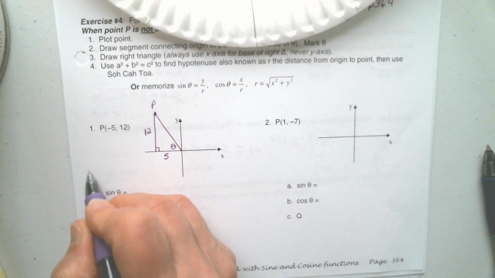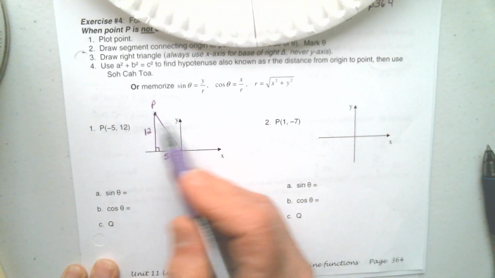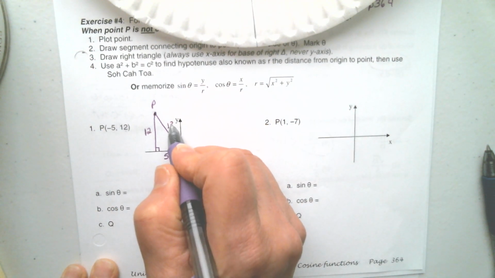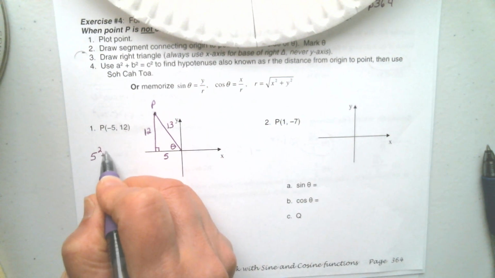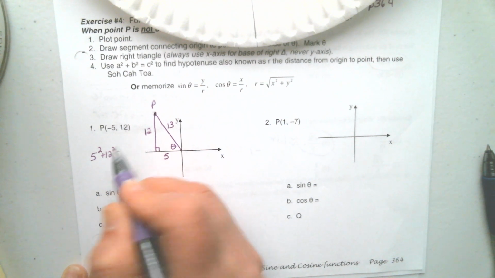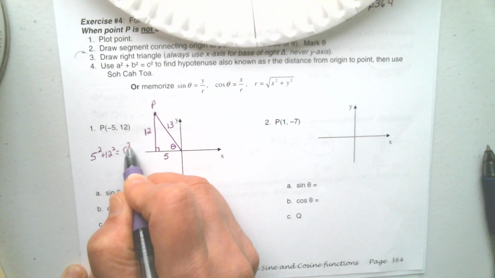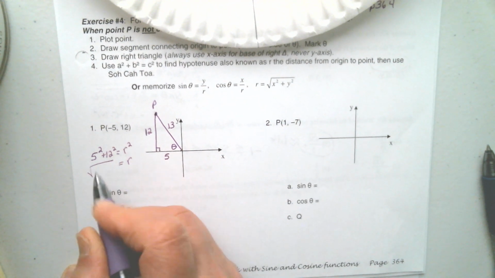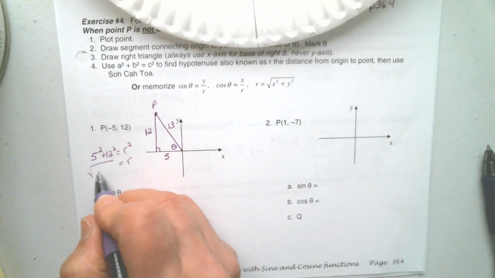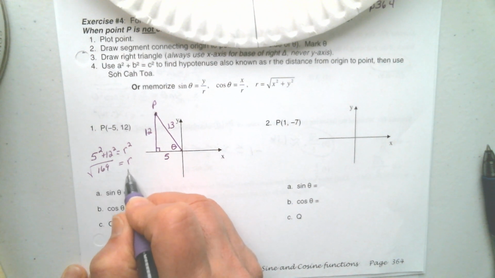If you know the Pythagorean triple, 5, 12, 13, you can just put 13. Otherwise, you're using Pythagorean theorem, 5 squared plus 12 squared equals, in this case, you can say c squared or r squared. So r equals the square root, 25 plus 144, which is 169. So r is 13.